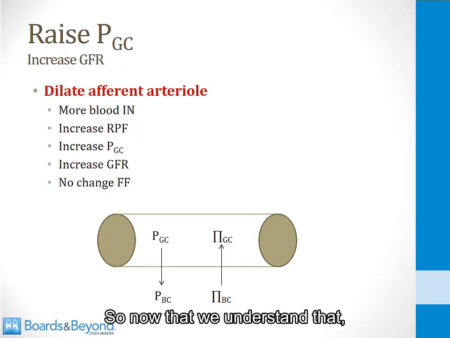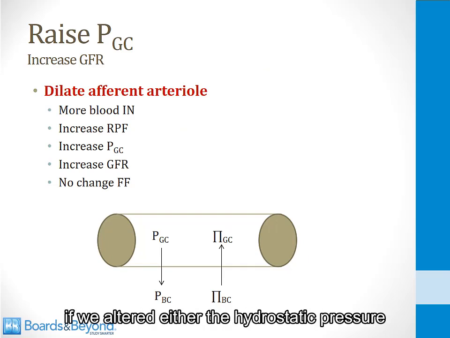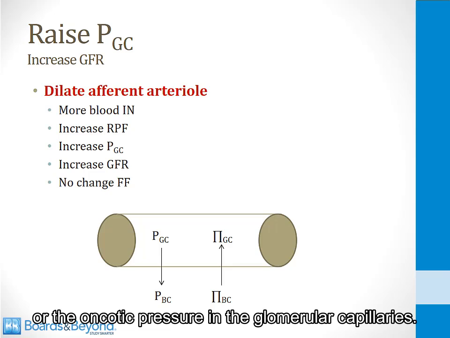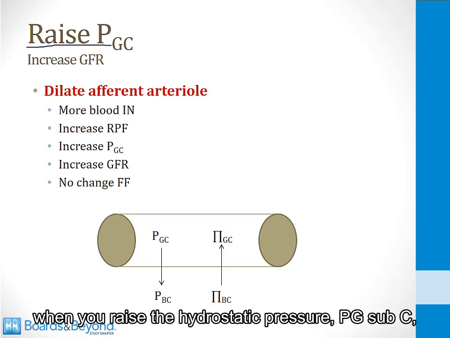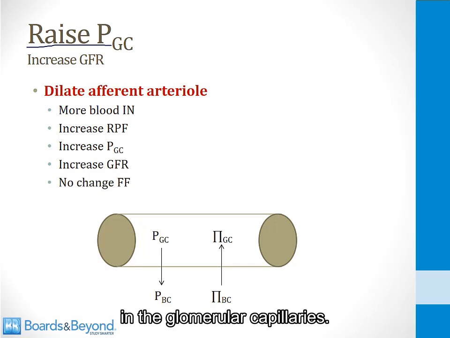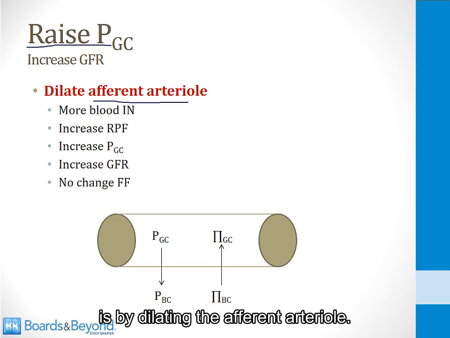So now that we understand that, let's talk about what would happen to the glomerular filtration rate if we altered either the hydrostatic pressure or the oncotic pressure in the glomerular capillaries. And let's start by talking about what happens when you raise the hydrostatic pressure Pg sub C in the glomerular capillaries. One of the ways this can be done is by dilating the afferent arteriole.